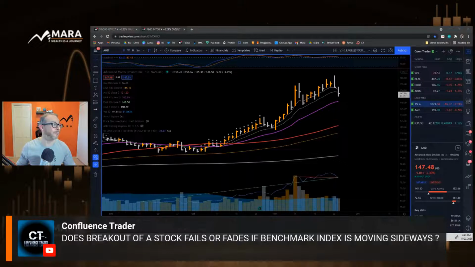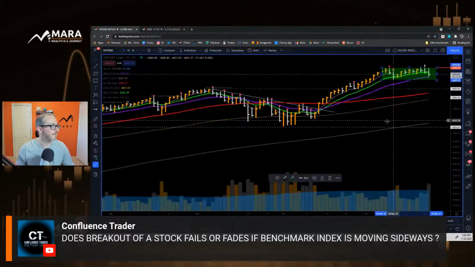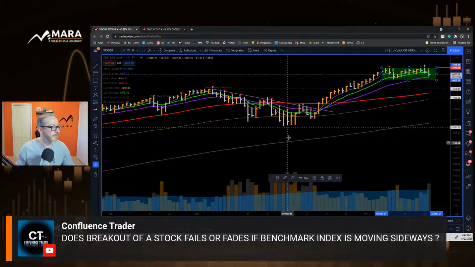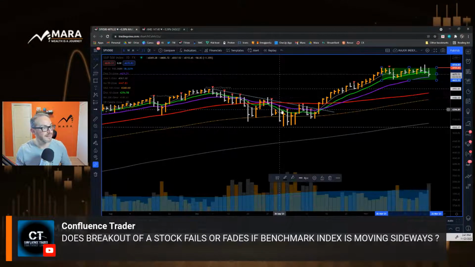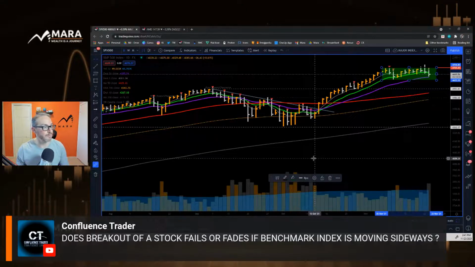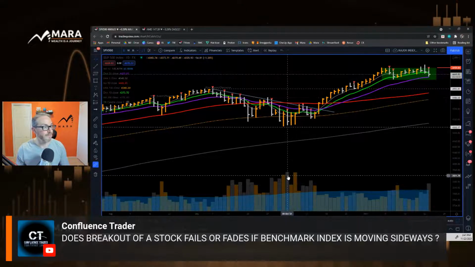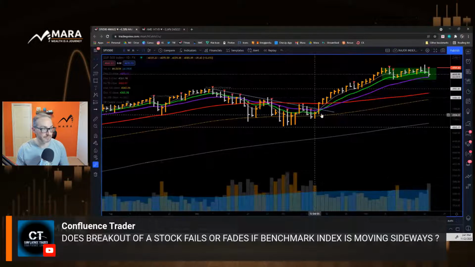So, for example, come back over to the indexes. There's my mouse. Okay, so back here, the indexes looked absolutely terrible. It was like it was going to potentially roll over. You have heavy volume selling, right?